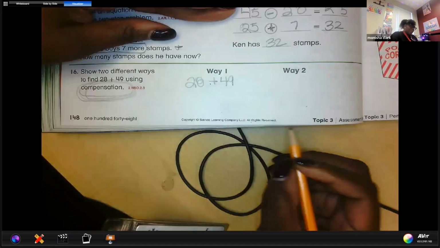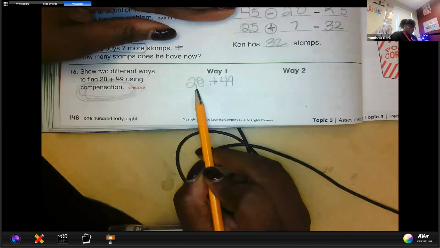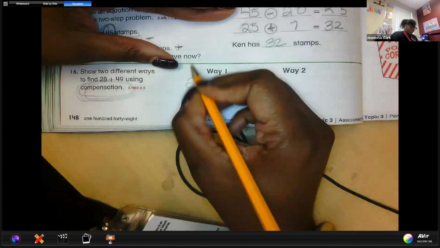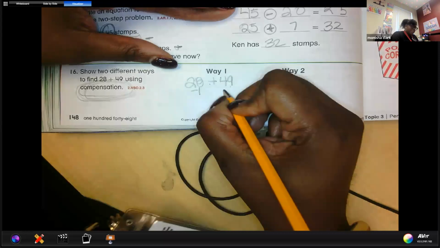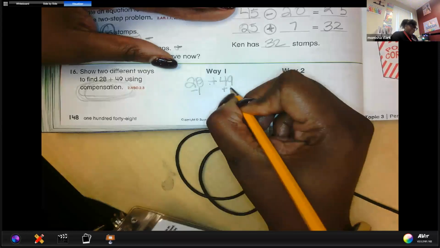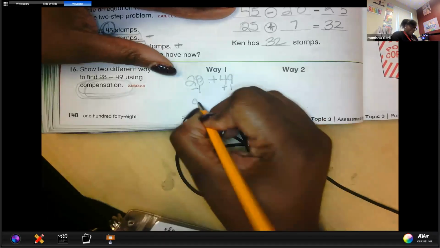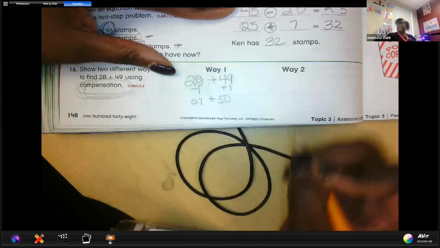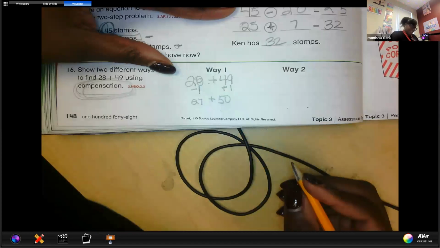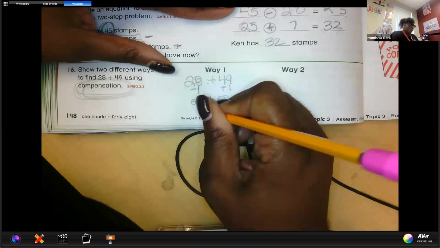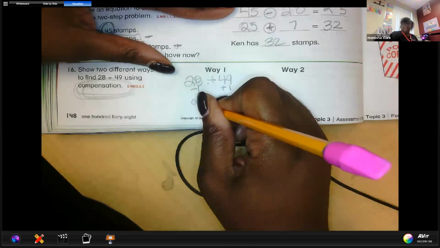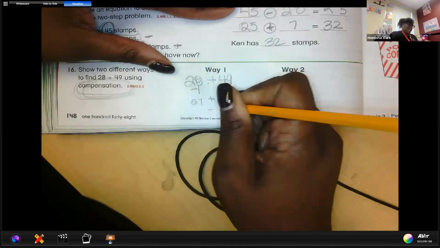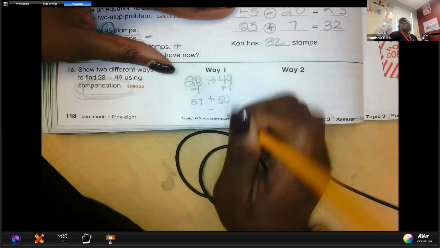So we could take one number from 28 to make this a 10. So we take 1 from 28 and add it to 49. That's going to give us 27 plus 50. 27 plus 50 is what? Yes, Destiny? Close. 27 plus 50, 77.